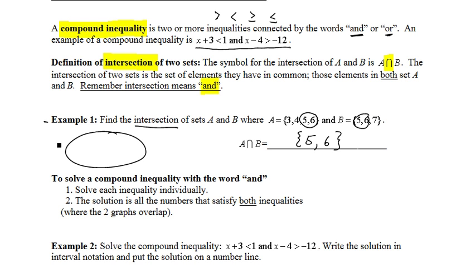If you had set A here and set B here, you're going to see 3, 4, 5, and 6, and over in set B you have 5, 6, and 7. So this 5 and 6 is where they intersect one another.